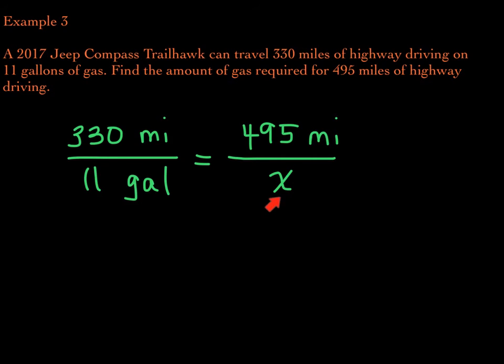and x down here for the unknown number of gallons of gas. Now what I want you to notice is that once we put the miles in the numerator over here, then the numerator over here must also be miles. So miles is to miles, gallons is to gallons.